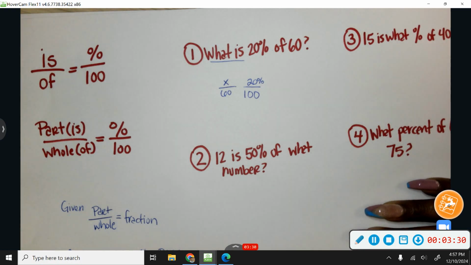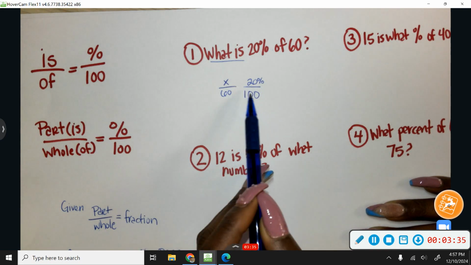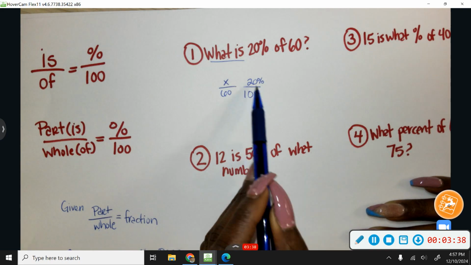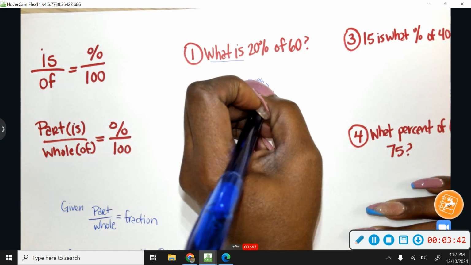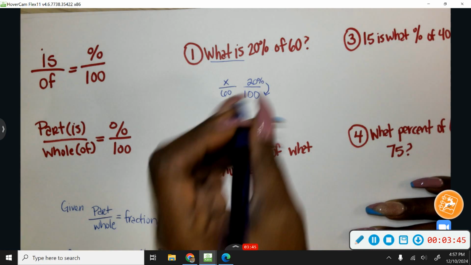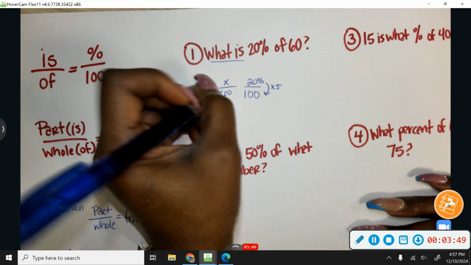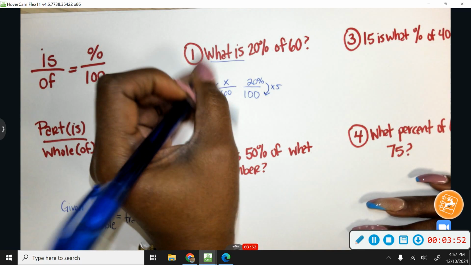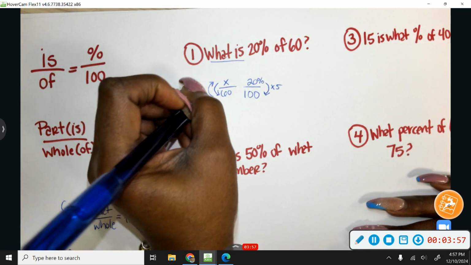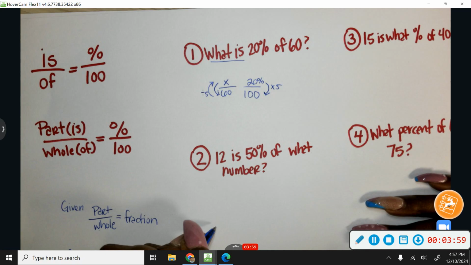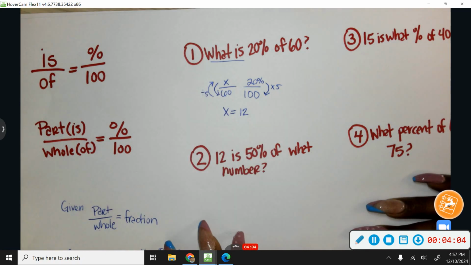We can reduce, we can cross multiply and divide, we can find out what my unit rate or my scale factor is. I know that 20 times 5 will give me 100. In this case, I can't multiply, but I can divide. So 60 divided by 5, my part would be 12.